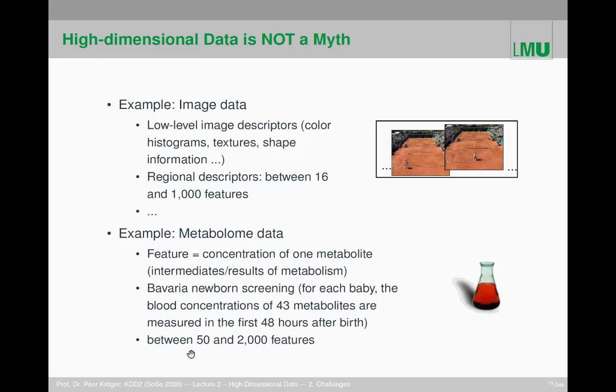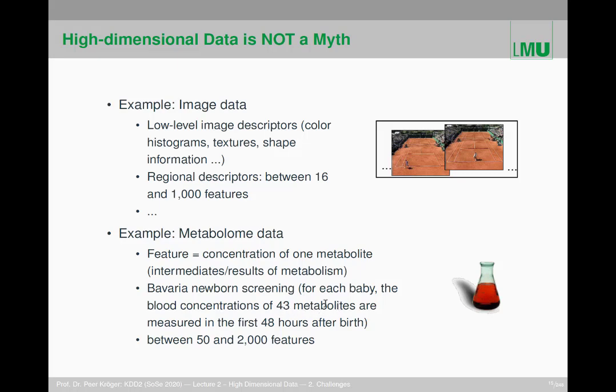What you end up with is a data set which has something between 50 and even 2,000 features in those medical domains. A lot of features, and of course the doctors have some hypothesis why they take those 43 metabolites, for example.